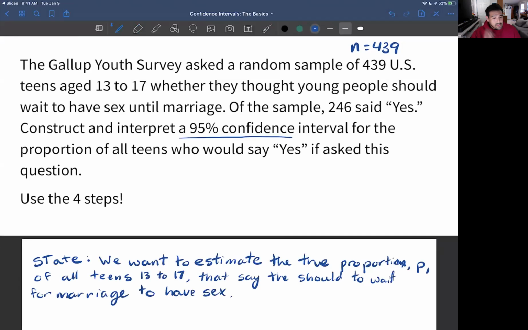So what are we doing? We're going to construct a 95% confidence interval.